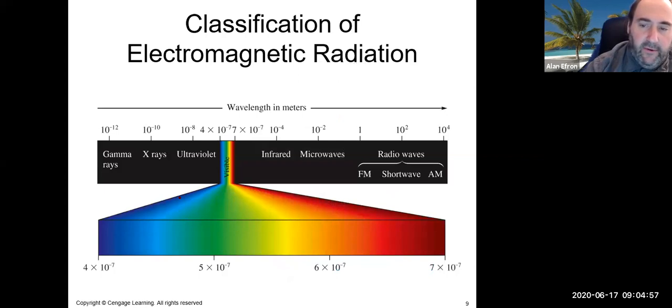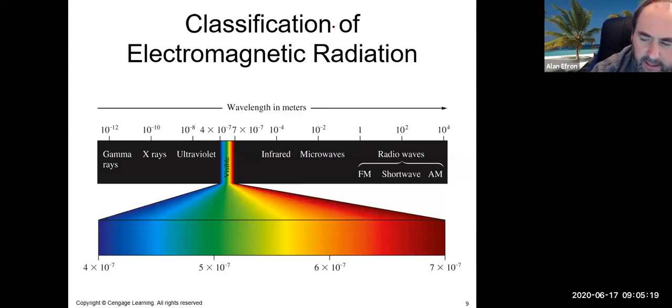What I mean by knowing it is you don't necessarily need to know exactly where everything breaks off, but you do need to know in terms of energy, almost like the pre-lab questions that are in the first couple. You need to be able to put things in order based on higher energy, lower energy, longer wavelength, shorter wavelength.